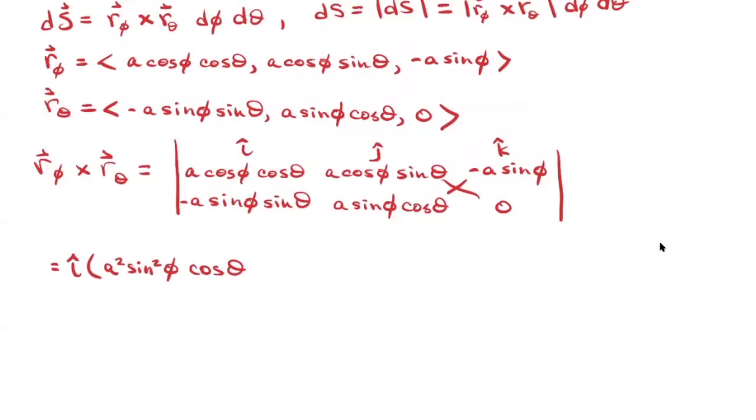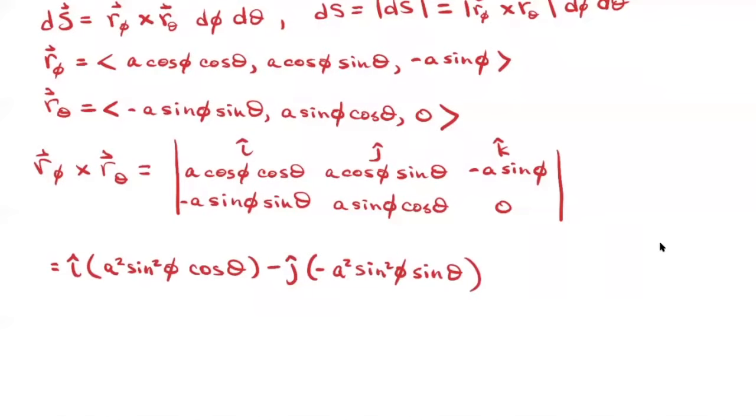So that's I. Now, the J looks like it may be similarly nice, minus J. So then I get a 0 and minus a double negative, so it would be a minus a square sine square phi sine theta.